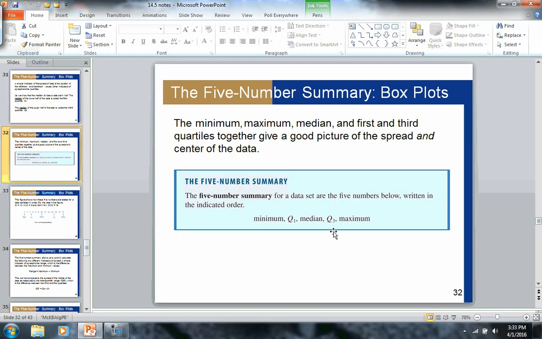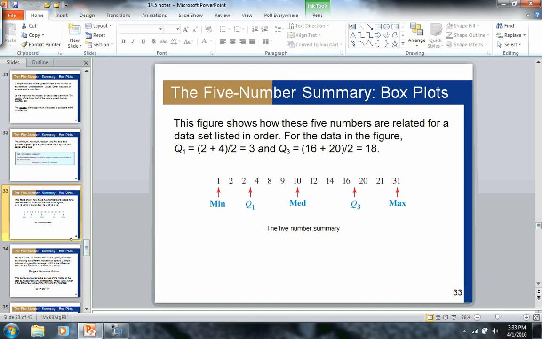Okay. So if you look at that in a picture, this figure shows how these 5 numbers are related for a data set. And again, everything's listed in order here from smallest to largest. So we can see our minimum and we can see our maximum. So we can find our range for the whole set would be 30. And then we can find our middle value.